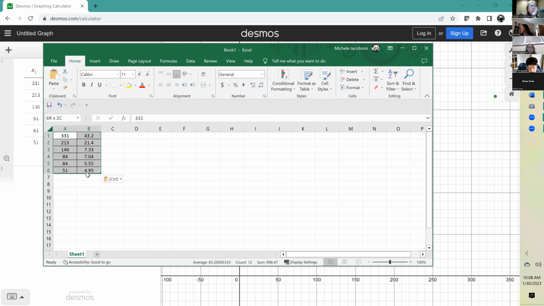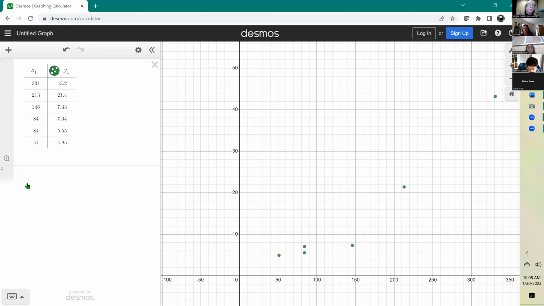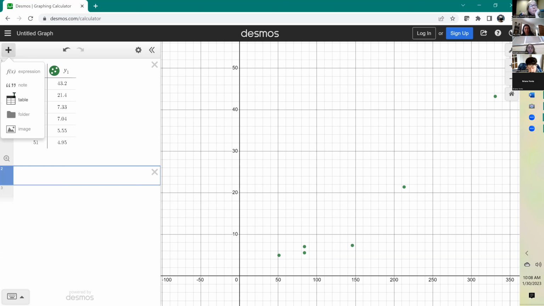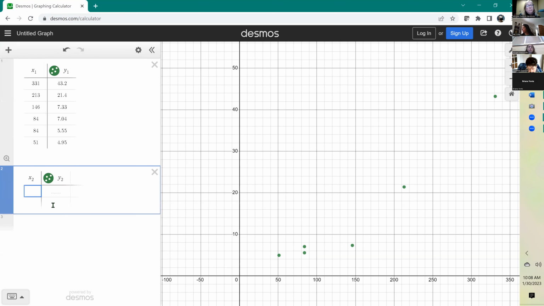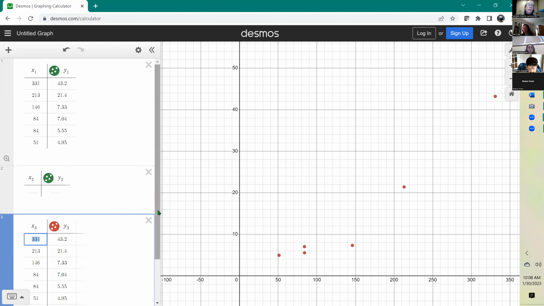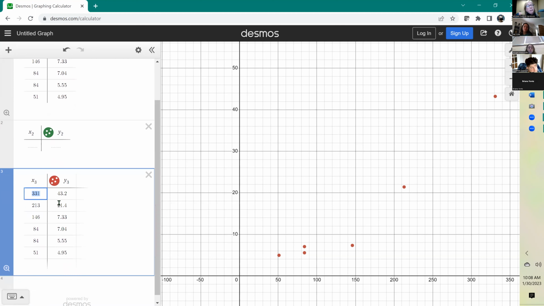Maybe if I copy it from here, Control C. There, it worked that way. So you have to put it into an Excel file first, and then it will copy it. Okay.